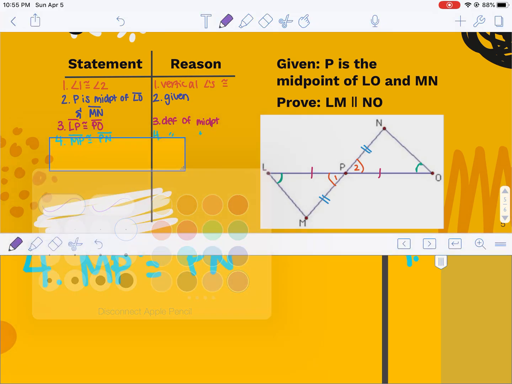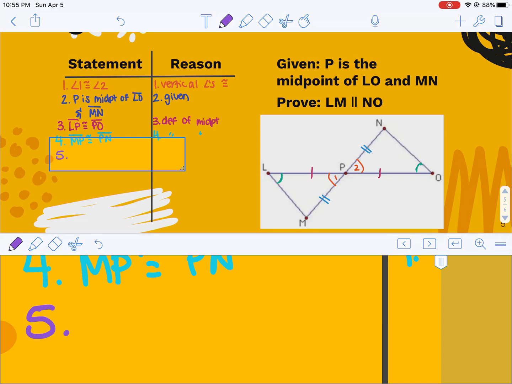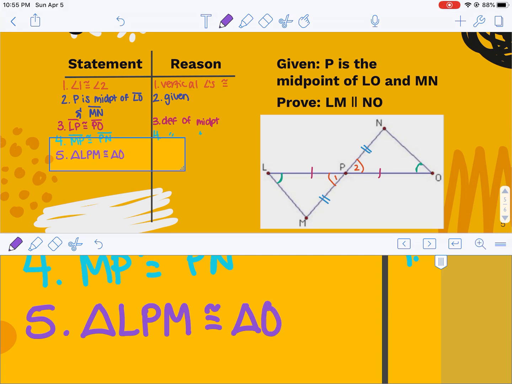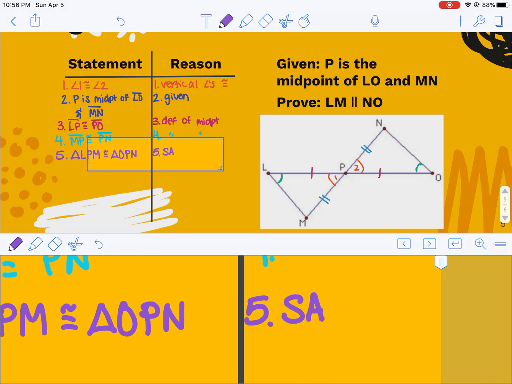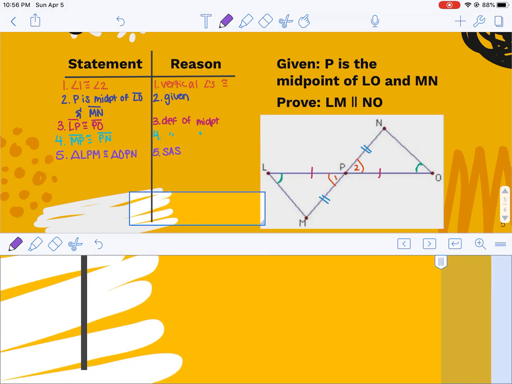I have my three congruent parts. I can go ahead and say my triangles are congruent. So I can say triangle LPM is congruent to triangle OPN: O matches up with L, P matches up with P, M matches up with N. And we used two sides and the angle between them, so that is side, angle, side.